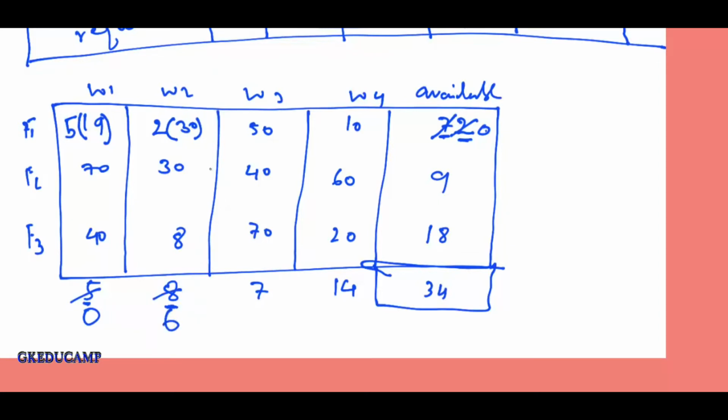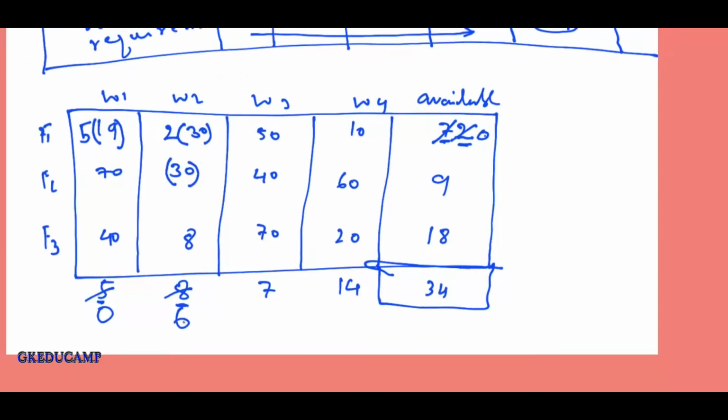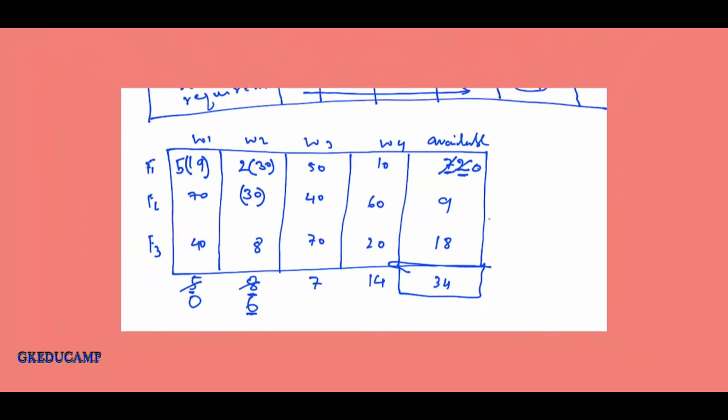Then again we solve this column vertically. Below this, 30 is there again, and here we have 6 availability and 9. So 6 is the minimum, so allocate 6 to 30 and you will get 0 remainder, and here you will get 3 remainder.